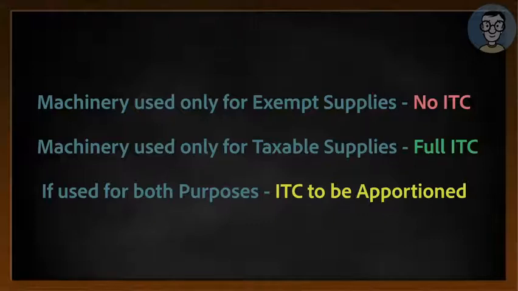Say if I am using my machinery only for exempt purposes, no credit is available. If I am using the machinery only to produce taxable goods, entire ITC is available, entire input tax credit is available.